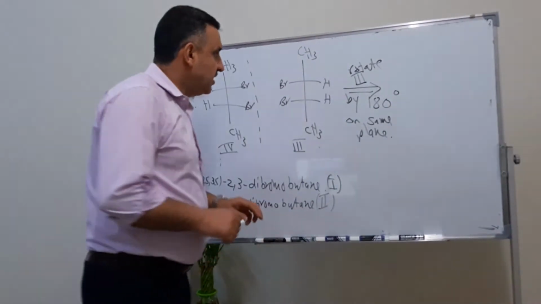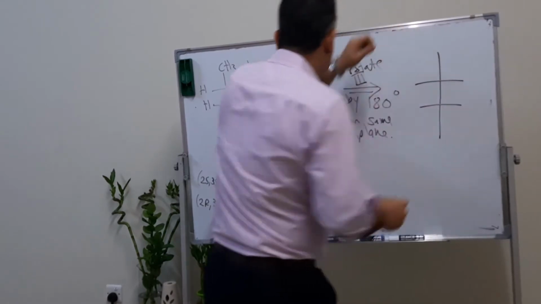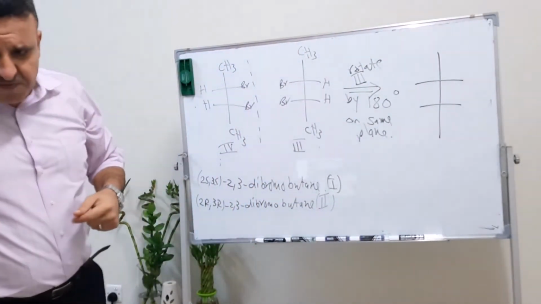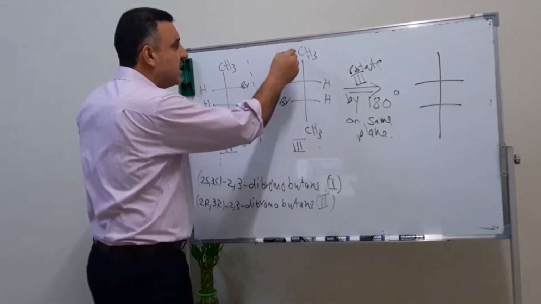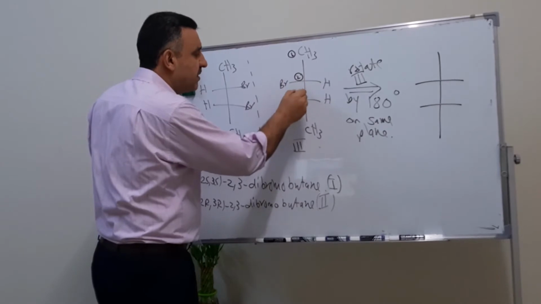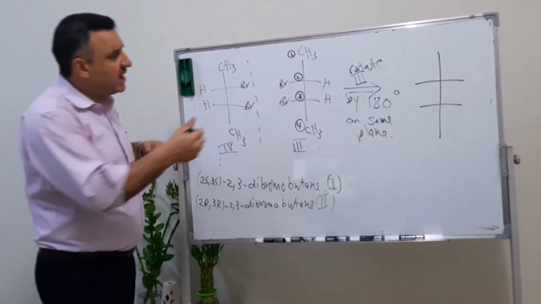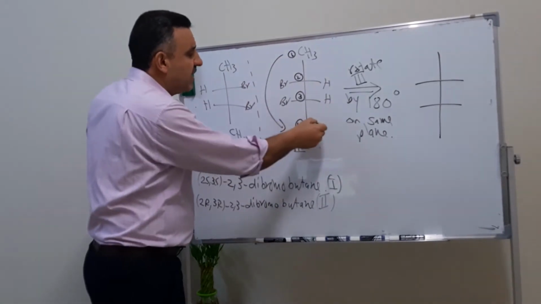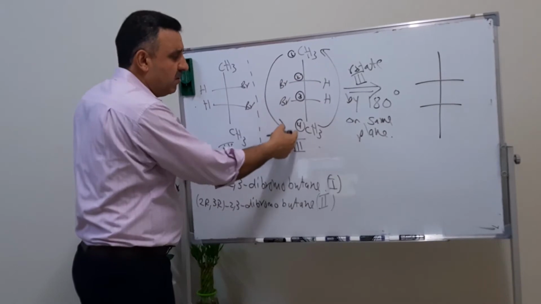All right. So in this case, just for the sake of identification, for the sake of making things easier, imagine that this is carbon number 1, this is carbon number 2, this is carbon number 3, this is carbon number 4. When you rotate this here by 180, the one which was above the plane will become below, and vice versa.